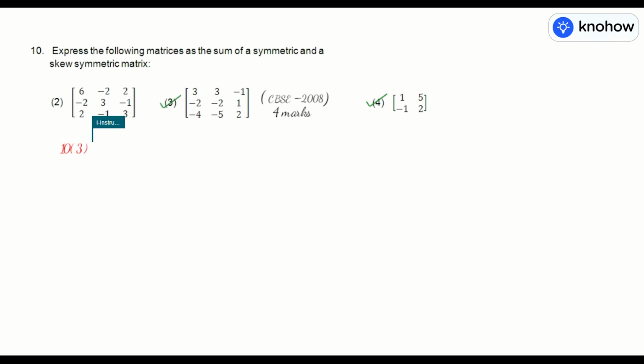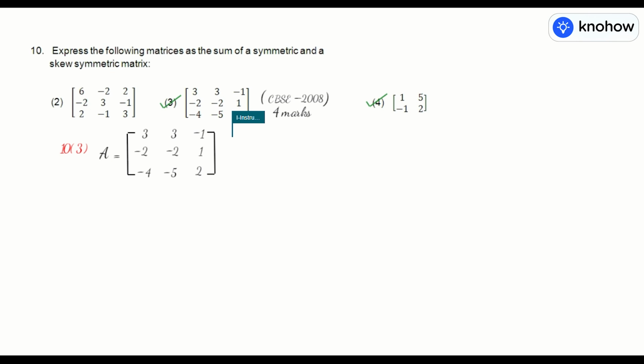Question 10 third part, given is a matrix A as 3, 3, minus 1, minus 2, 1, minus 4, minus 5, 2. Let me check again. Yes, you should always check the matrix when you write it.